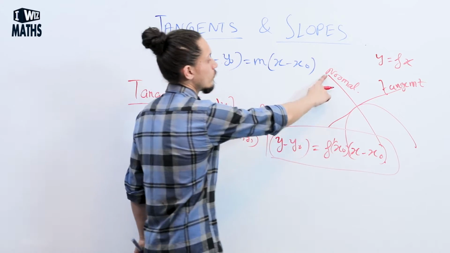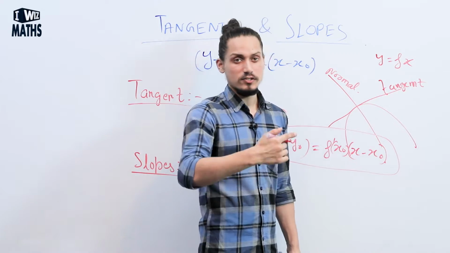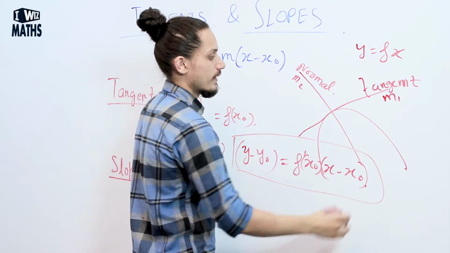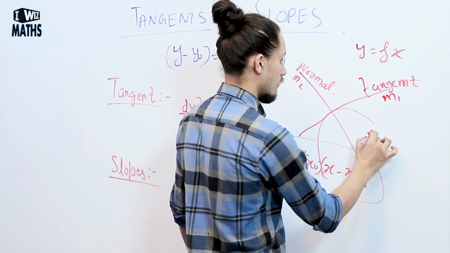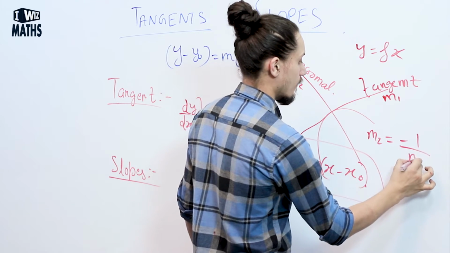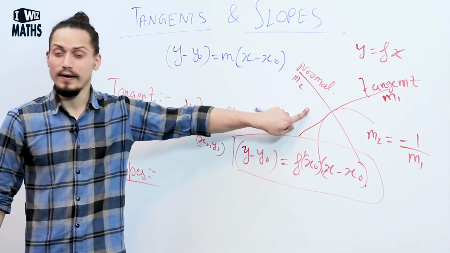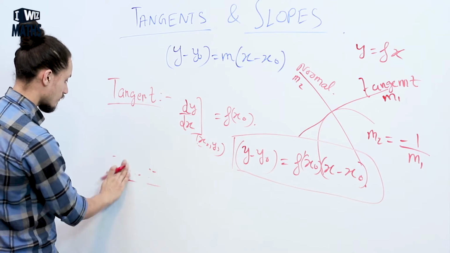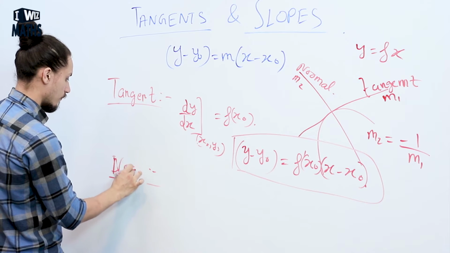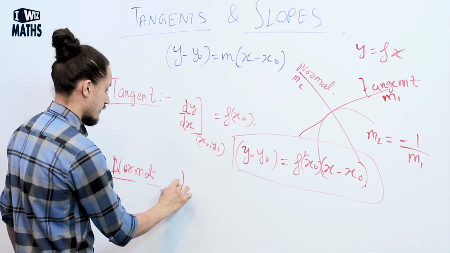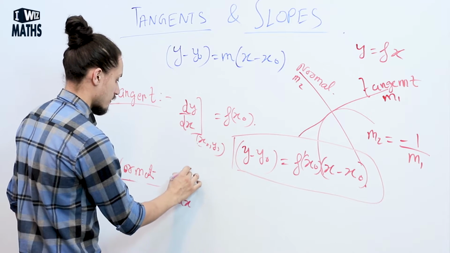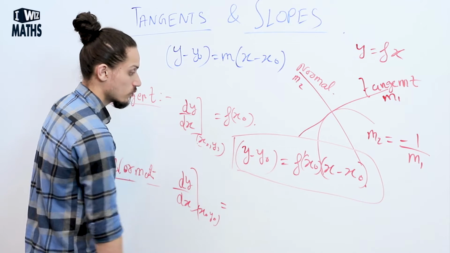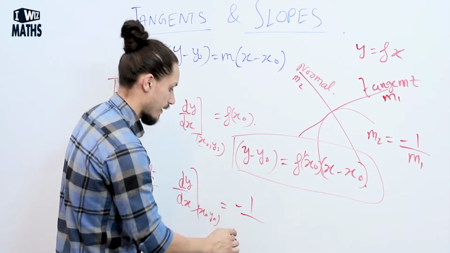Now we know if two lines are perpendicular to each other, with slopes m1 and m2, then m2 will be equal to minus 1 upon m1. Here the normal is perpendicular to the tangent, so the slope of the normal, dy/dx at (x0, y0), is equal to minus 1 upon m1.